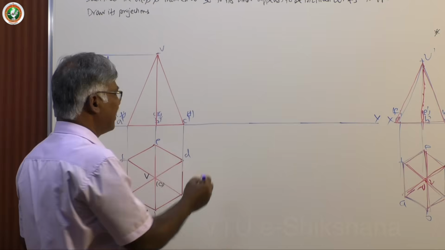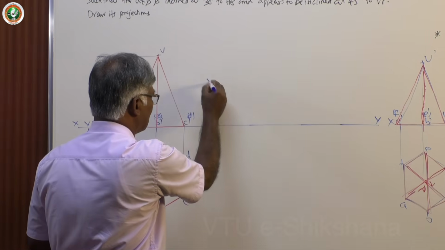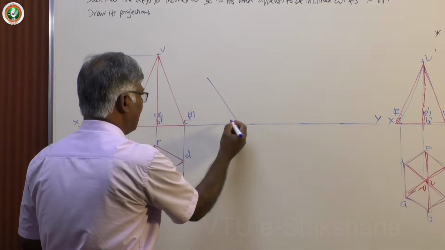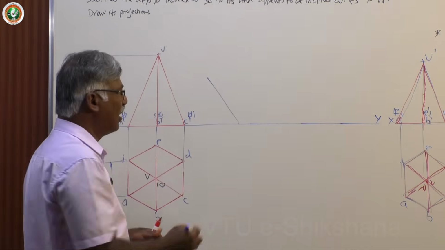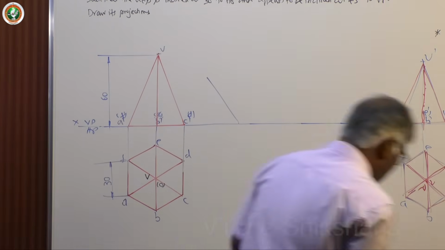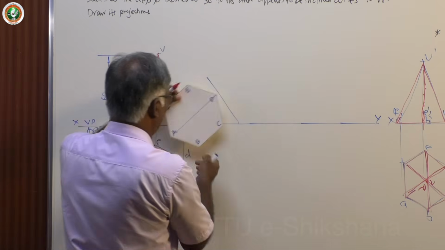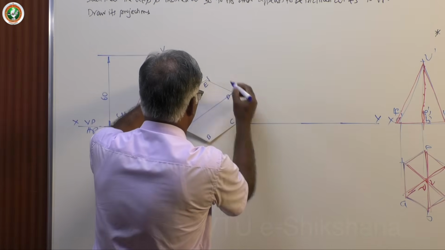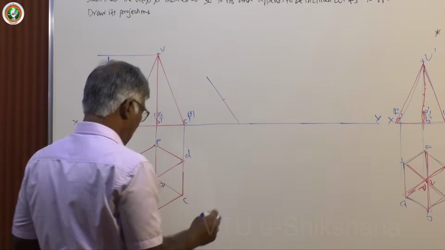So, let me take a 60 degree line for the base, and then take the same distances. Here I have this point and this. Okay. Now draw a perpendicular.